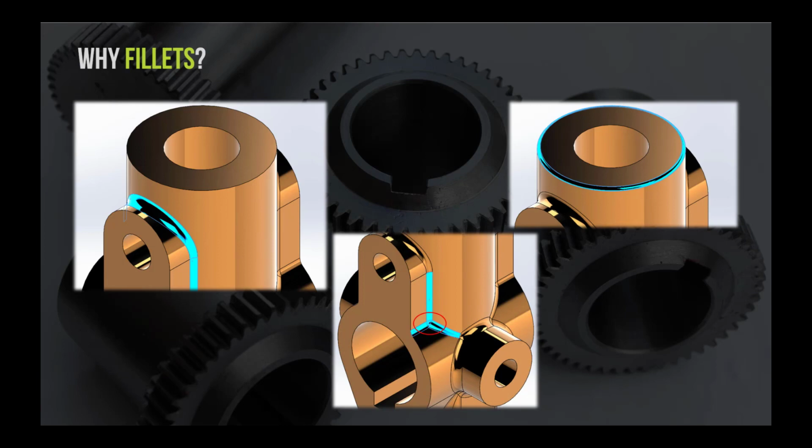And then another application would be to minimize or reduce stress concentration in a specific area. If we had a sharp corner in that particular area of the part, and if there was a load in that area, it would create undue stress and then, of course, ultimate failure in that particular area of the part.